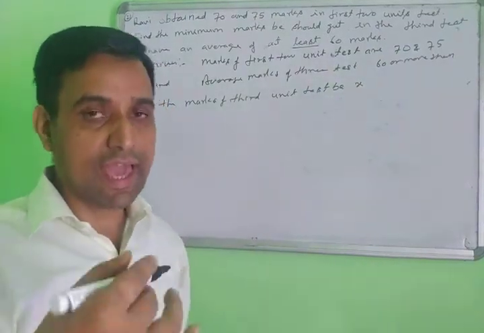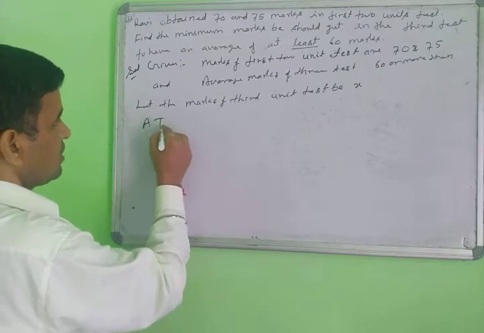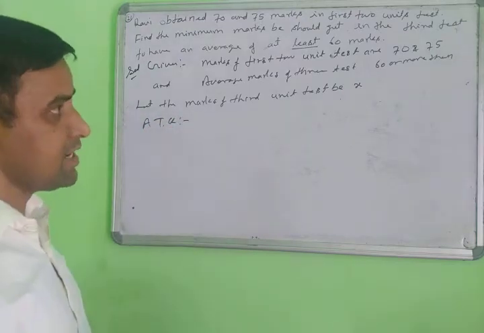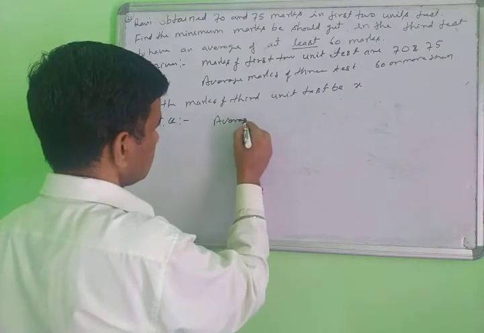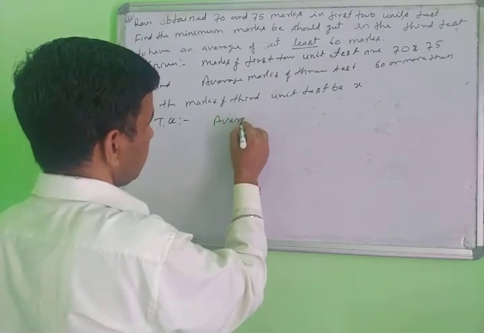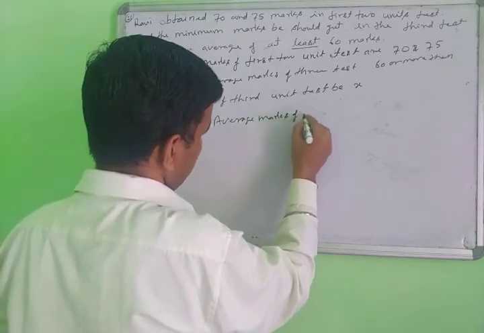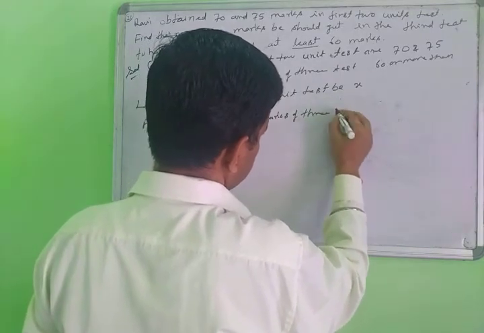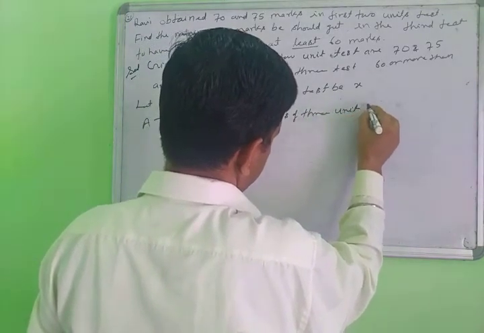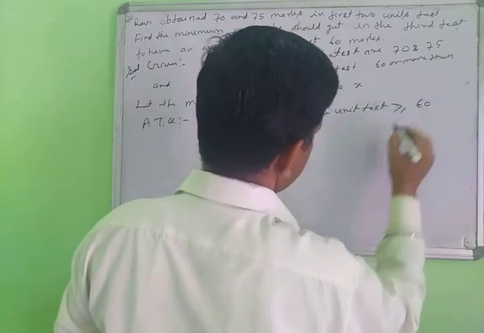Then you find the average of the three test marks, ATQ, according to the question. The average marks of the three unit tests is greater than or equal to 60.